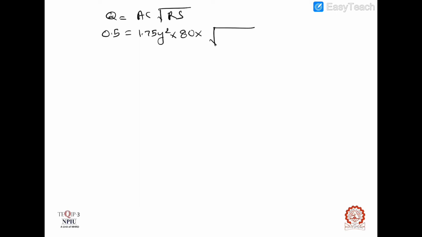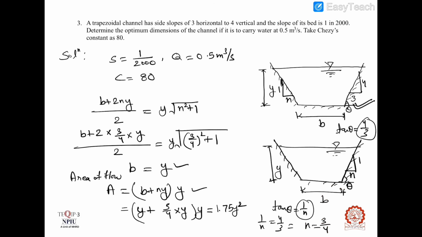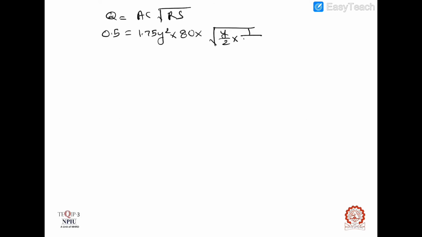But in this case, since this is a case of most economical condition, here we can keep the value of R as Y by 2, and bed slope is given as 1 by 2000. So here the only unknown parameter is depth of flow.